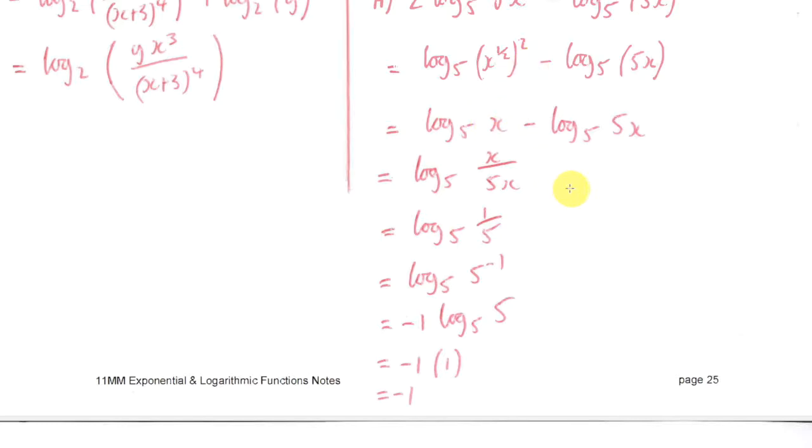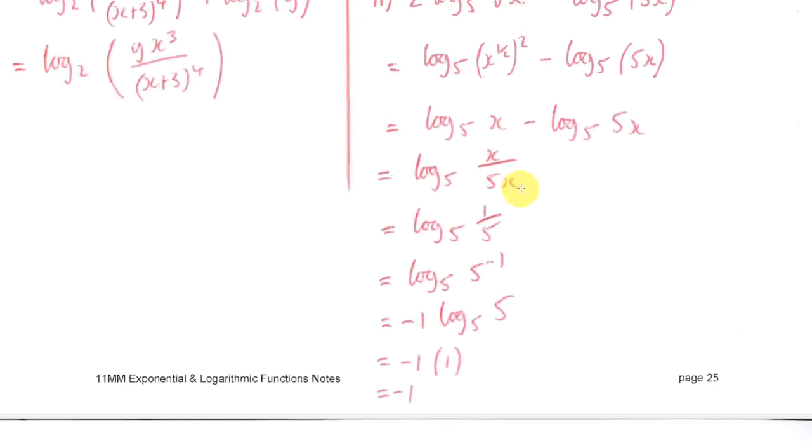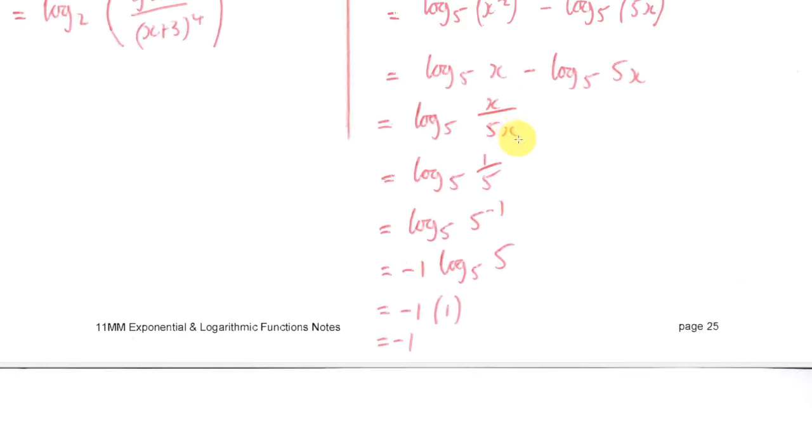And I've got myself a subtraction. So I can rewrite that as being log base 5 of x over 5x. Of course, the x's cancel. So I now have log base 5 of 1/5. I can rewrite this so that the 5 is at the top of the fraction, but that just means I need to change the sign of the power.